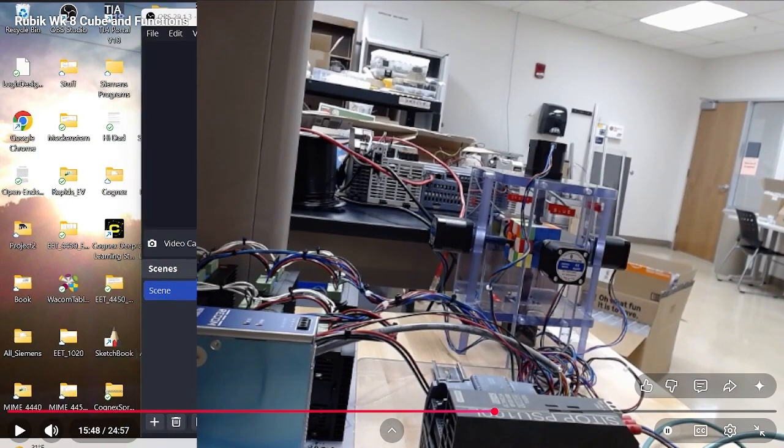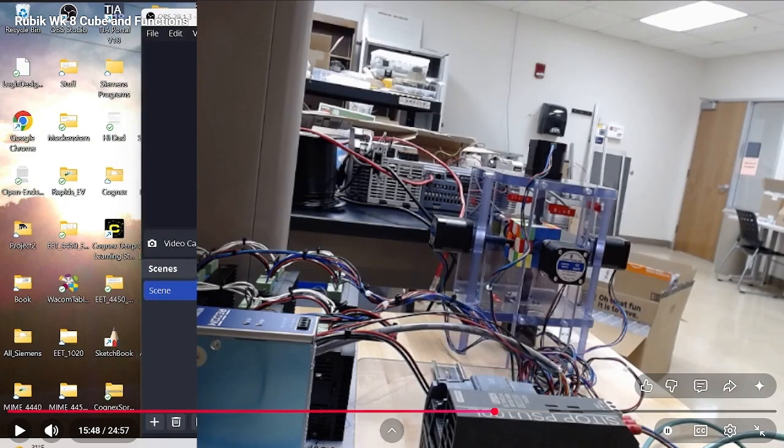This is the size of what you'll be helping to build. See these 6 daisy chained. Some of the wires are daisy chained, and some of them go straight over to these 6 stepper motors.